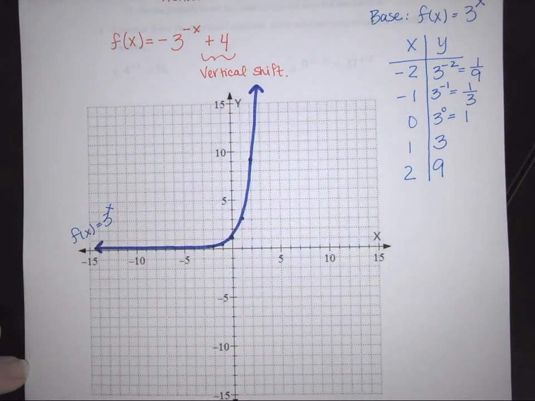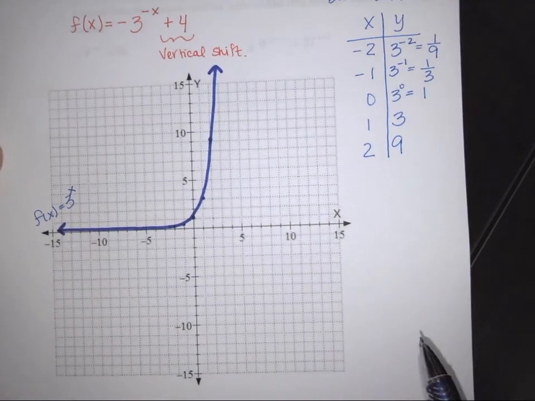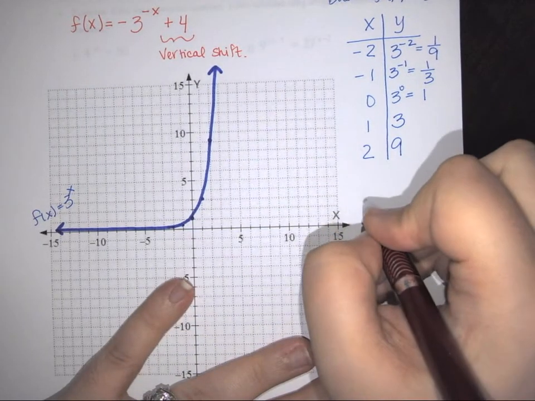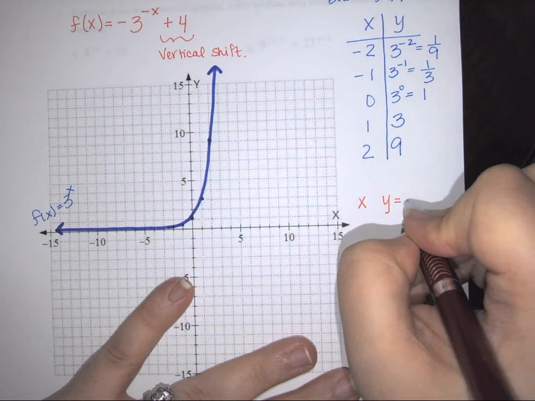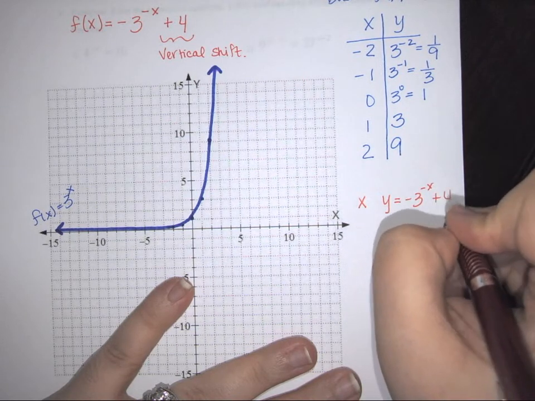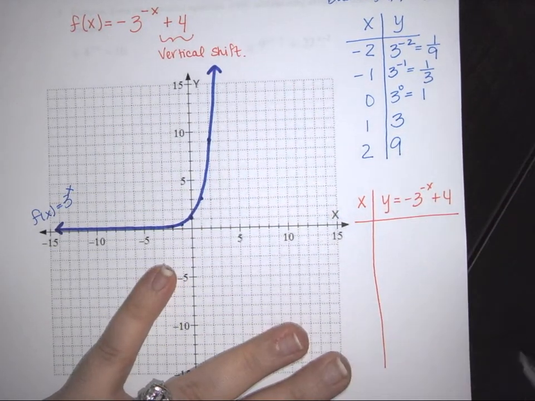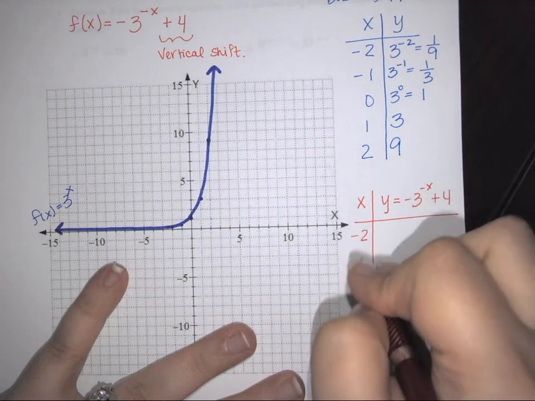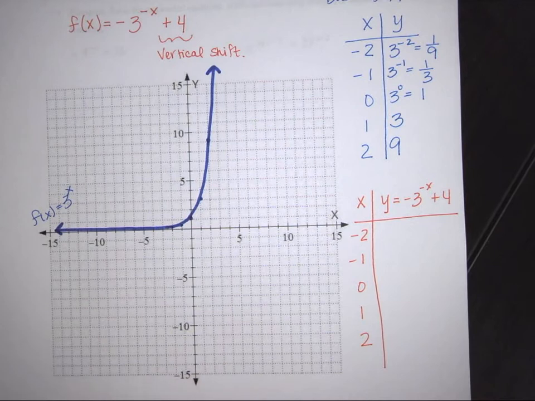Now we need to do the other. So here we need to look at x and then y equals negative 3 to the negative x plus 4. Again, I would do the same, negative 2, negative 1, 0, 1, and 2.